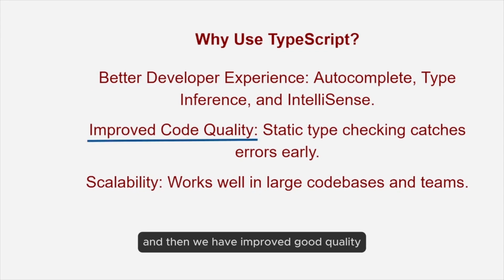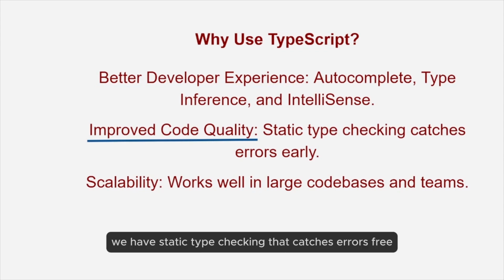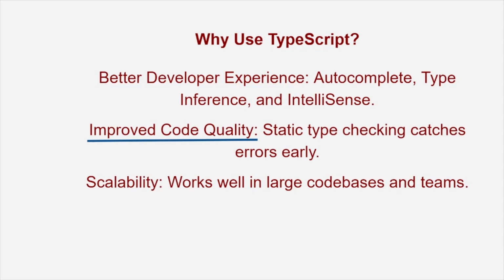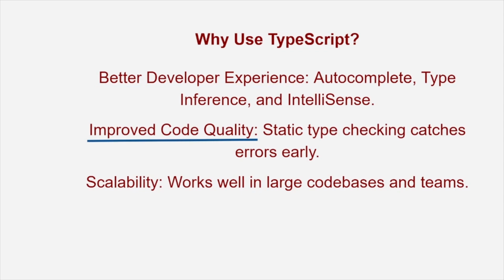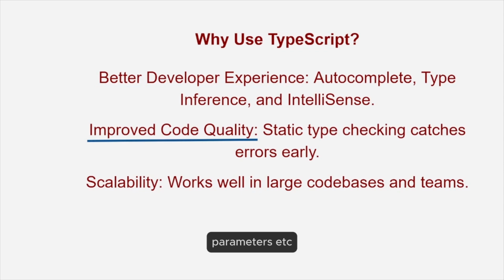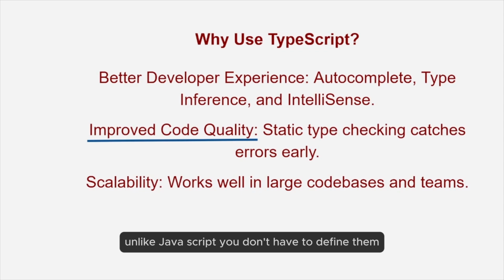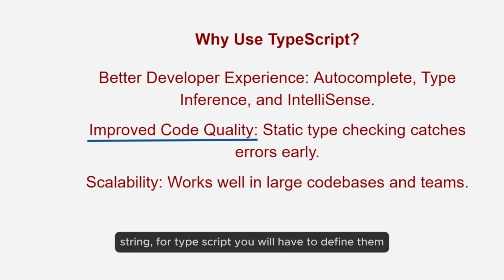And then we have improved code quality. In here we have static type checking that catches errors early. In this particular statement, we are simply stating that with TypeScript, you have to clearly define your types of variables, parameters, etc. Unlike JavaScript, you don't have to define them. You don't have to define number, string. For TypeScript, you will have to define them.